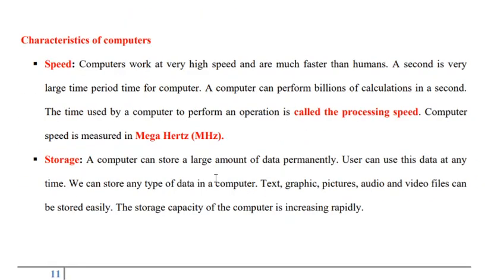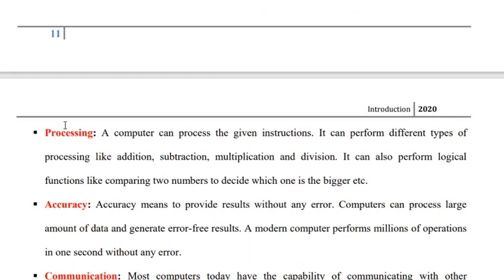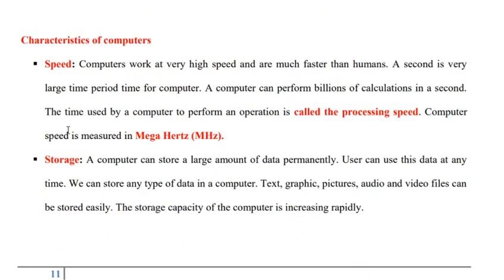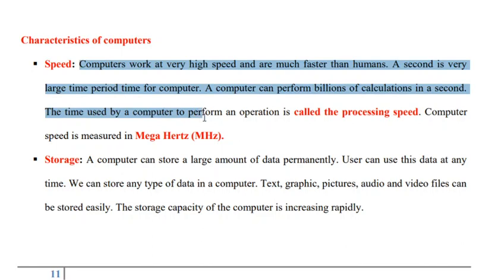Now let us try to go through some of the important characteristics of a computer system. The first characteristic of a computer system is speed, then we have storage, we have processing ability, we have accuracy, we have communication, and so on and so forth. So these are some of the important characteristics of a computer. A computer system, as we all know, works at a very high speed, and it's much faster than that of a human being, which implies even a second is a very large time period for a computer system.